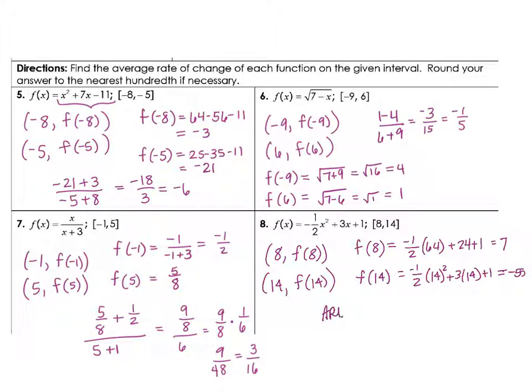So our average rate of change is going to be negative 55 minus, that was a negative 7, wasn't it? It's going to be minus negative 7, so plus 7, over 14 minus 8. So we're going to have negative 48 over 6, which is going to give us negative 8.